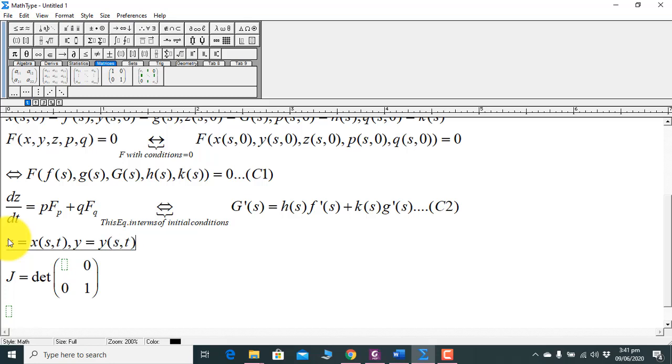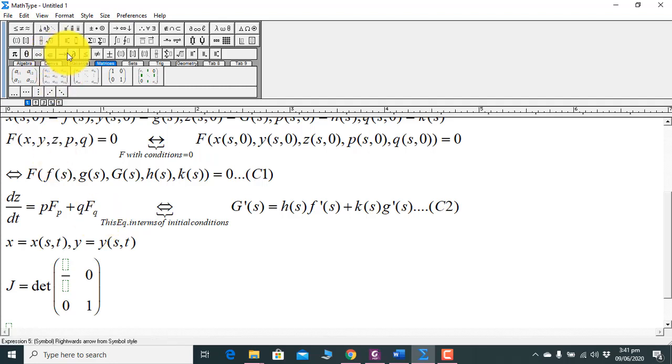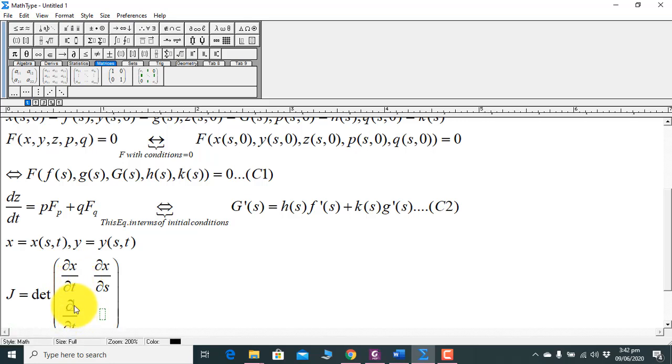By definition, the Jacobian has partial x over partial s, and there you write similar things, partial y over partial t and partial y over partial s.